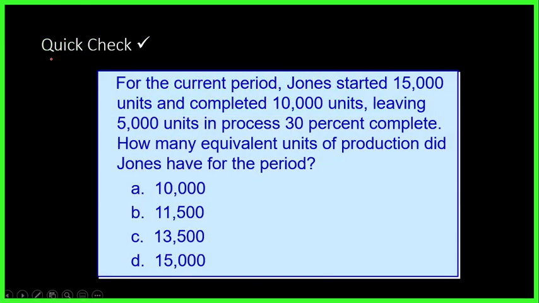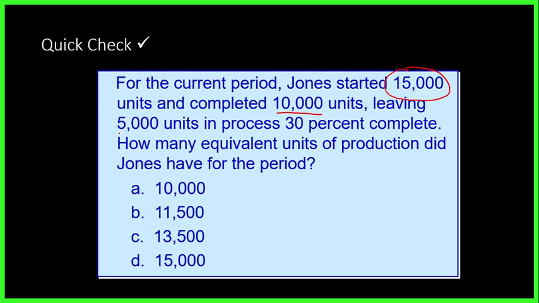You have your quick check. For the current period, Jones started 15 units and completed 10,000 units, leaving 5,000 units in process. Let's try to understand that. Jones started at 15, but 10,000 of that was completed. So at the end of the period, 5,000 is in your inventory.